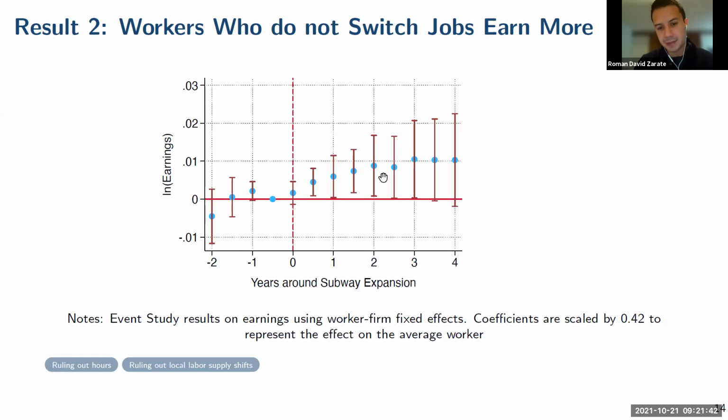The coefficient is a bit smaller than the ones that we previously found, but basically earnings increase by 1% for the workers that receive access to a network relative to a control group. And this is evidence that these workers are improving their outside options, so there is going to be a decrease in labor market power as these workers have better outside options.